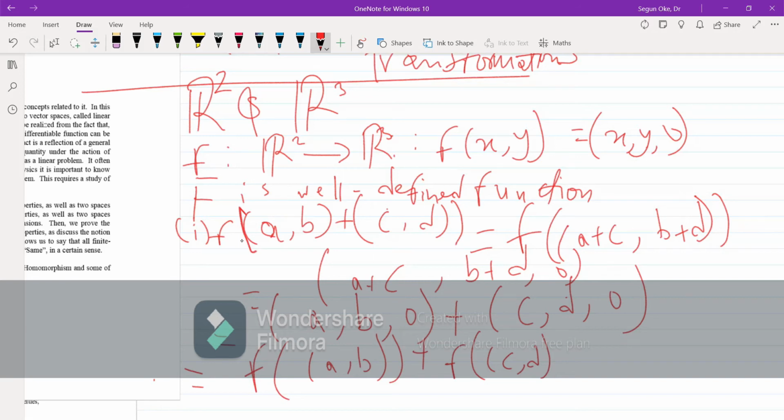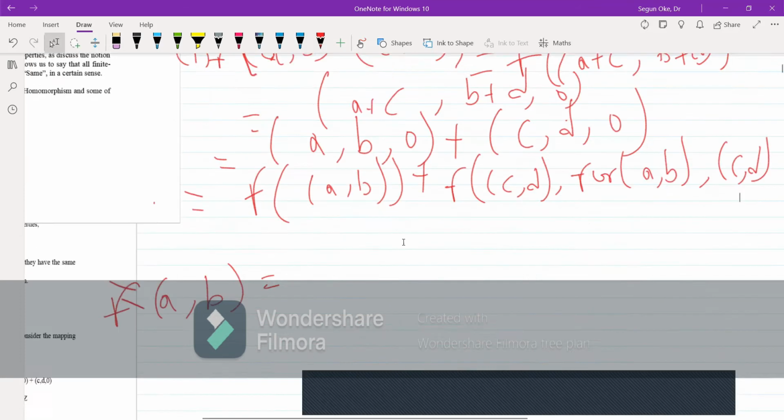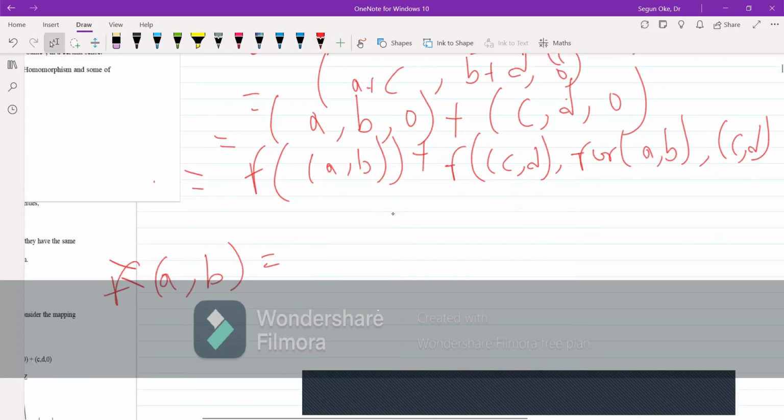For this, you have to put the condition that a comma b and c comma d all belong to our R2.